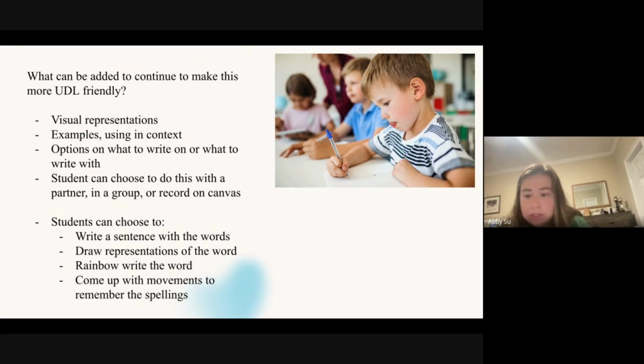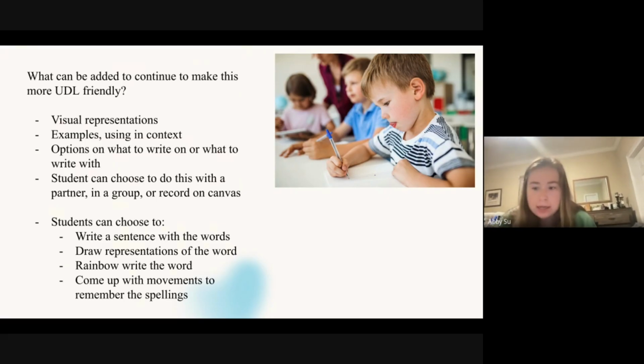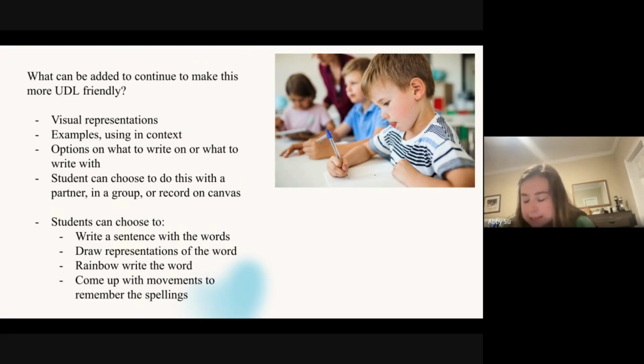If it's too loud to do it in a group, there are other options for them to do this and engage with that content. That's really how we can pull in this last principle of multiple means of action and expression, because choice is important, but especially in the lower grades, students need a little bit more guidance until they have that confidence and that agency to be able to know the ways that are going to be the best for their action and expression.